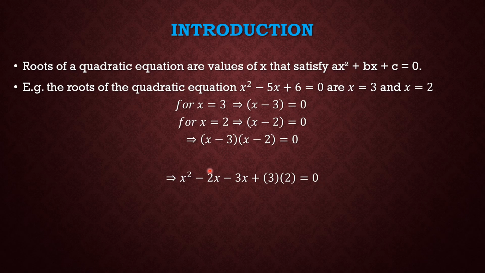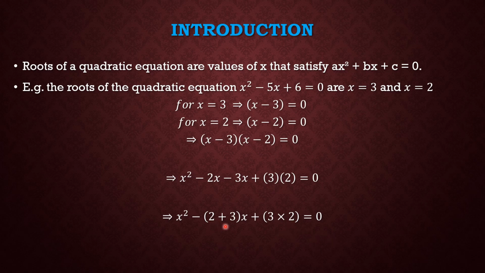So we can also rewrite this expression in the form x squared minus, when you see the expression here, I have factorized the x and the minus outside, then inside the bracket can be written as 2 plus 3, plus 3 times 2 equal to 0.